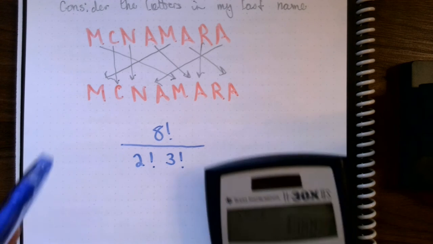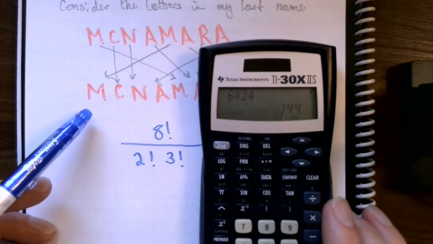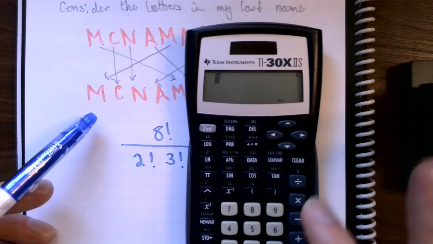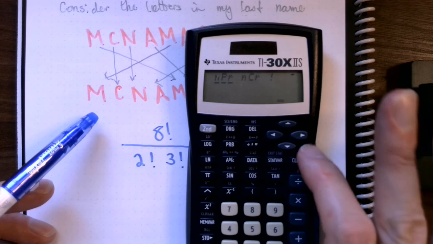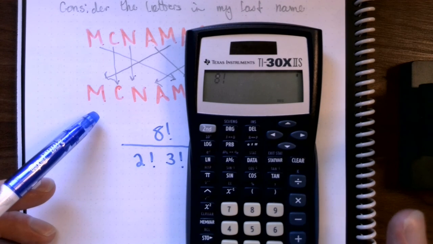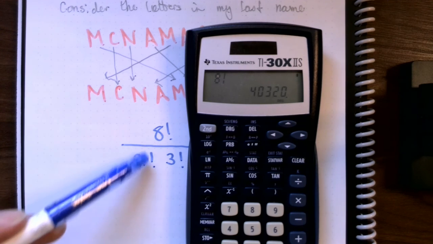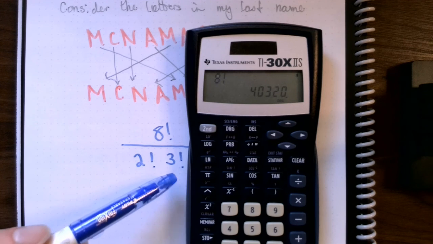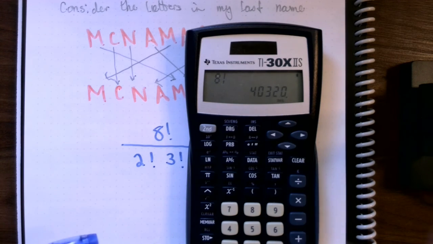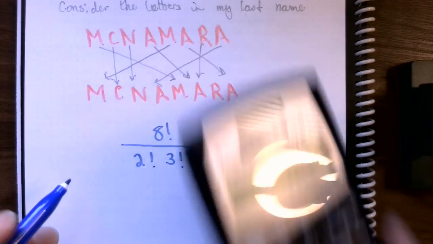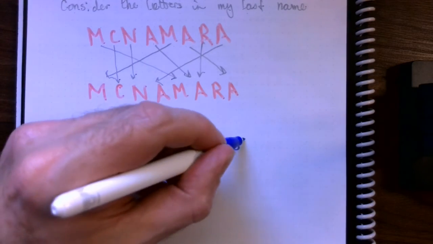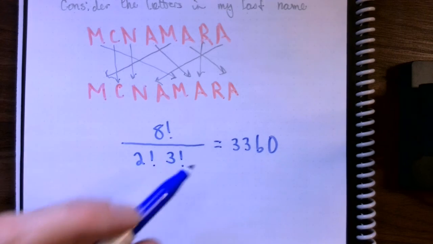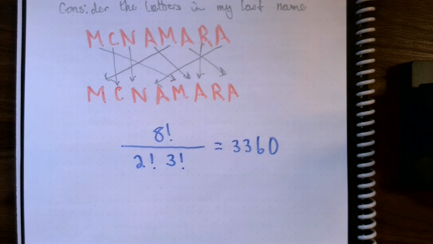Okay, so let's do the computation here. 8 factorial is 40,320. And now I'm just going to do this part in my head. 2 factorial is 2. 3 factorial is 6. So I got to take this number and divide by 12. So there are 3,360 ways to get a distinct rearrangement of the letters of my last name.